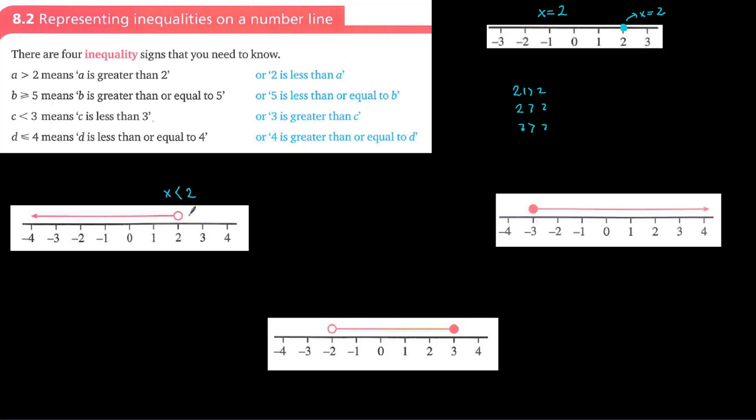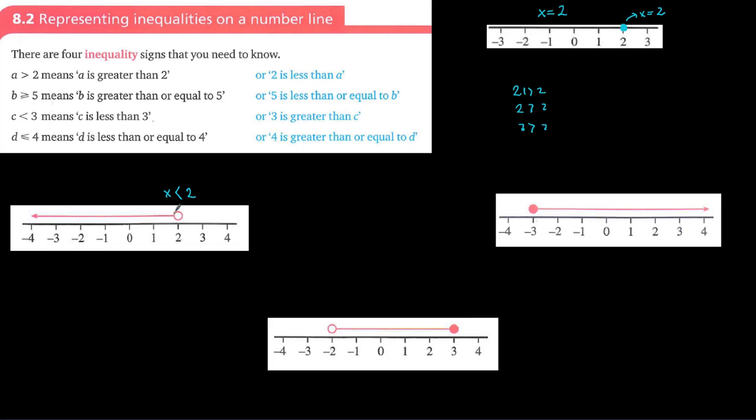Well, how am I going to decide between less than and less or equal to? With respect to this circle: if this circle is open, and not closed like this, this is the closed circle and this is the open circle.